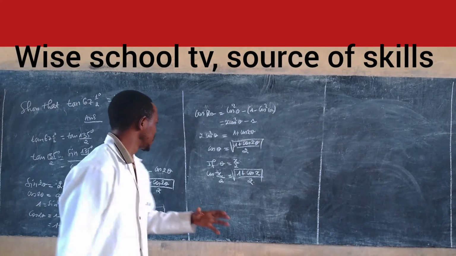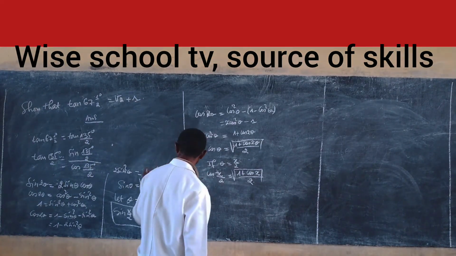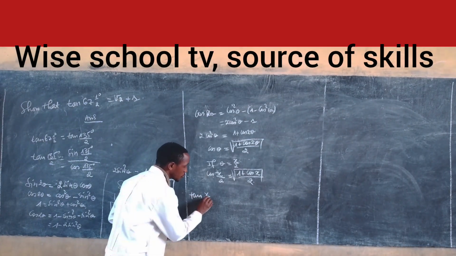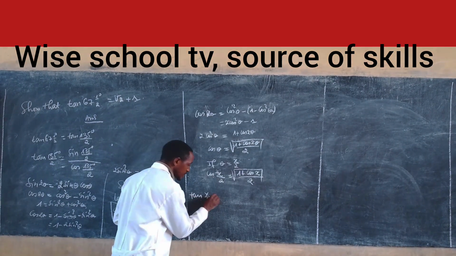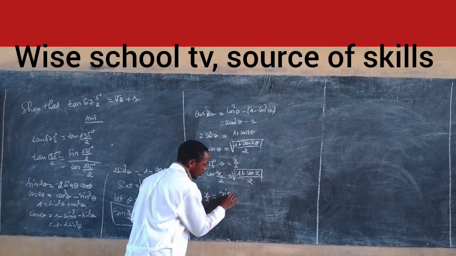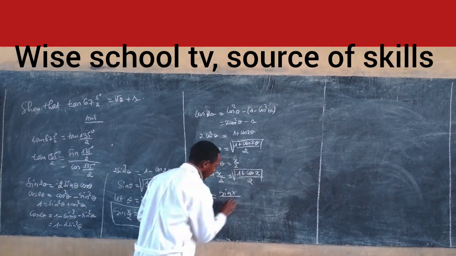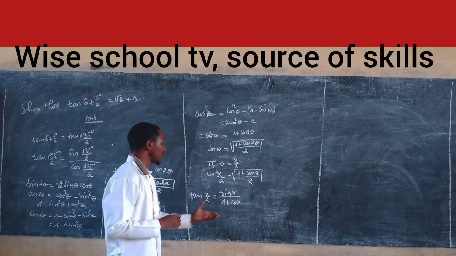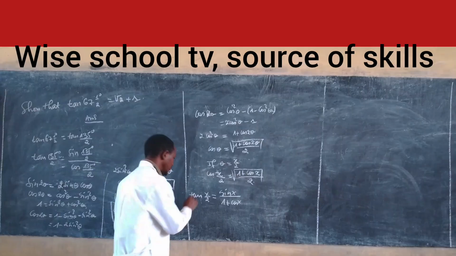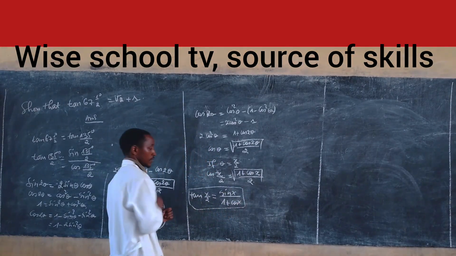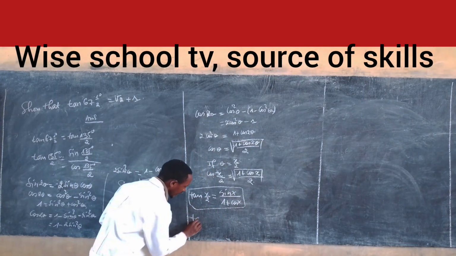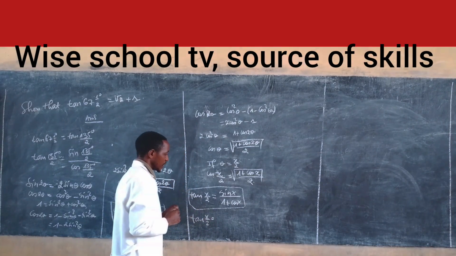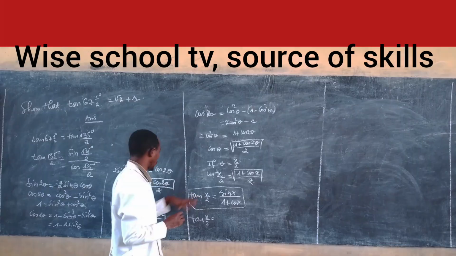So when you prove this, and by using that, tan of x over 2 is equal to sine of x over 1 plus cosine of x. Let's prove this. How to prove this? When you take tan of x over 2, it is equal to sine over cosine.